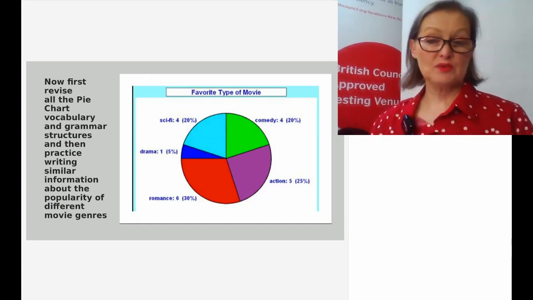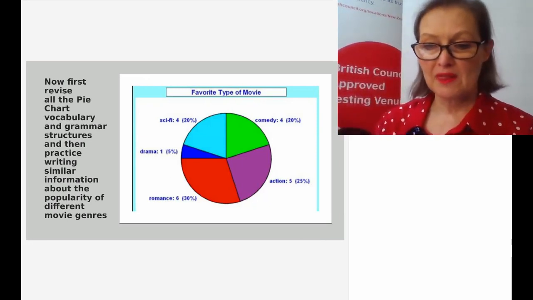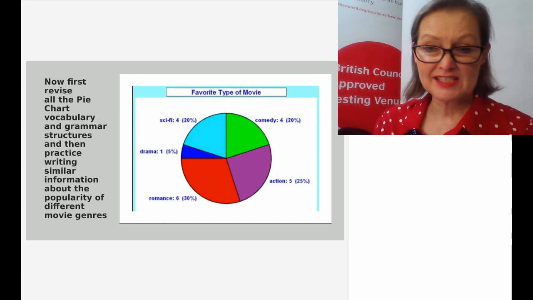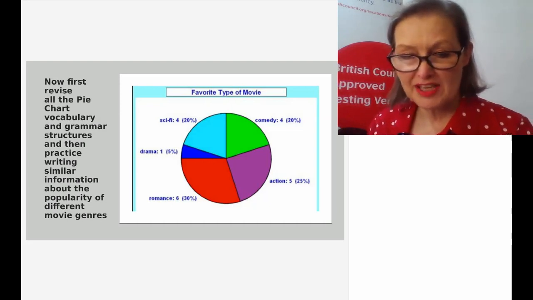So I hope you can take a screenshot of this or just make a note of the percentages. I'll just read them through to you. And that was romance, 30%. Action, 25%.